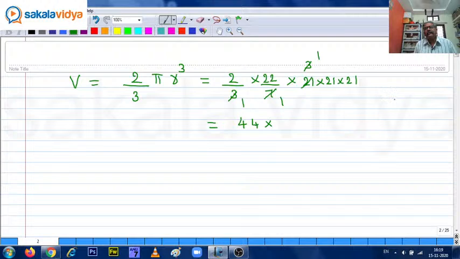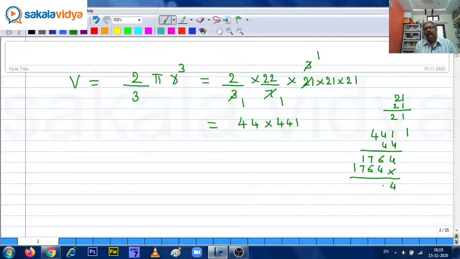21 into 21 is equal to how much? 441. Now 441 multiplied by 44. 4 ones are 4, 4 fours are 16, 16 plus 1, 17. This is 4, this is 6, 7, 1. 4, 10, 14, 9.